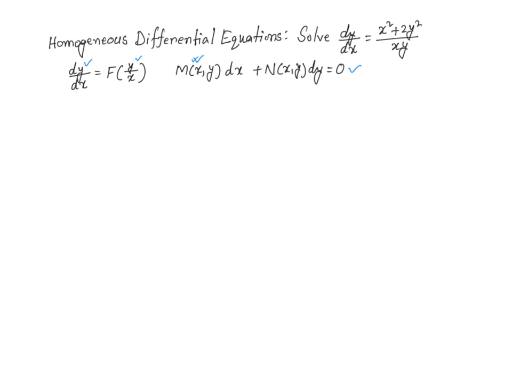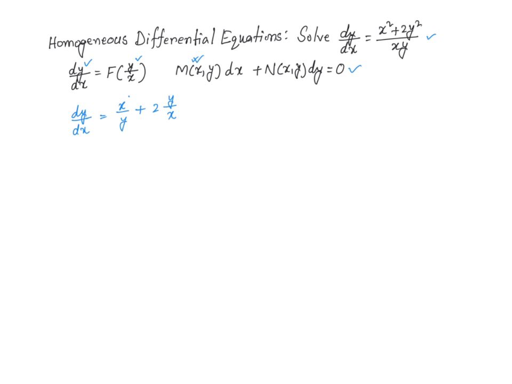So let's go ahead and solve the original one that we have here. dy over dx is equal to, I'm just going to break it down on the right hand side: x squared over xy gives you x over y, plus 2y squared over xy gives you 2 times y over x.